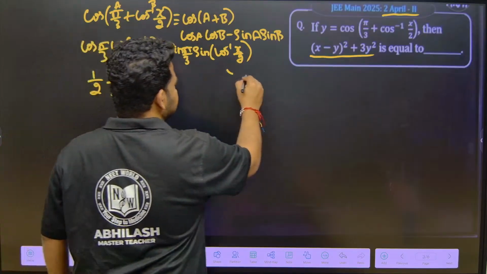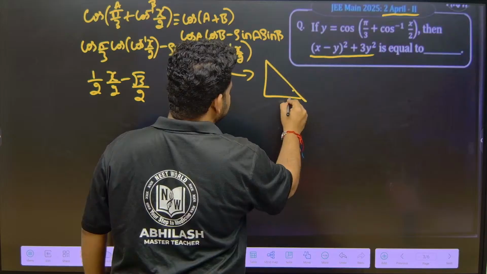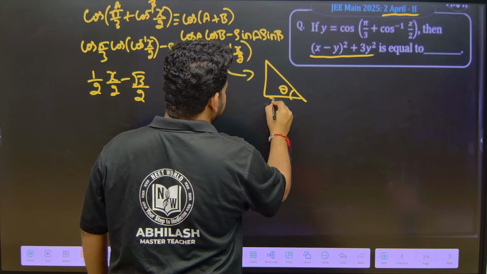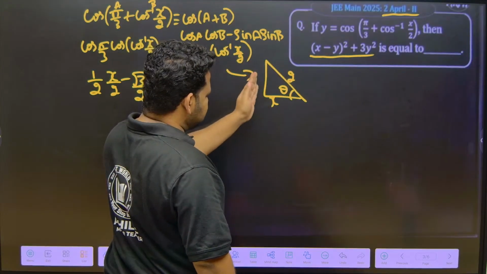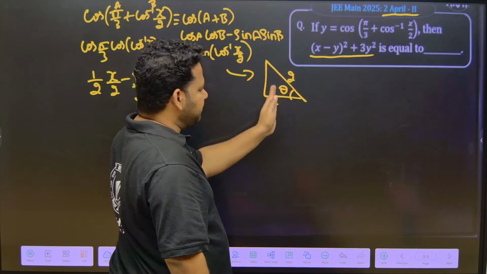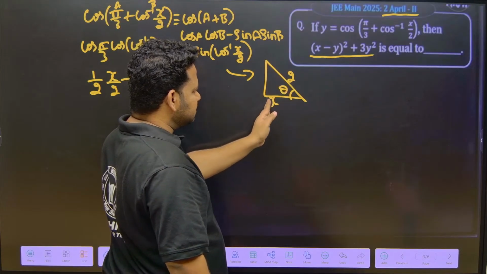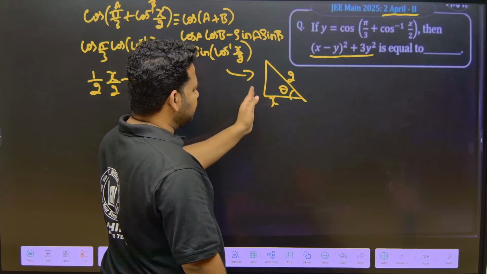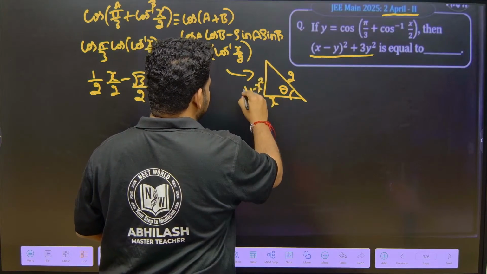So for this, let me draw a triangle. Cos theta, this is theta, so the adjacent side is x by 2. Then the other side will be hypotenuse square minus this square. Hypotenuse square is 4, this is x square, so 4 minus x square under the square root.